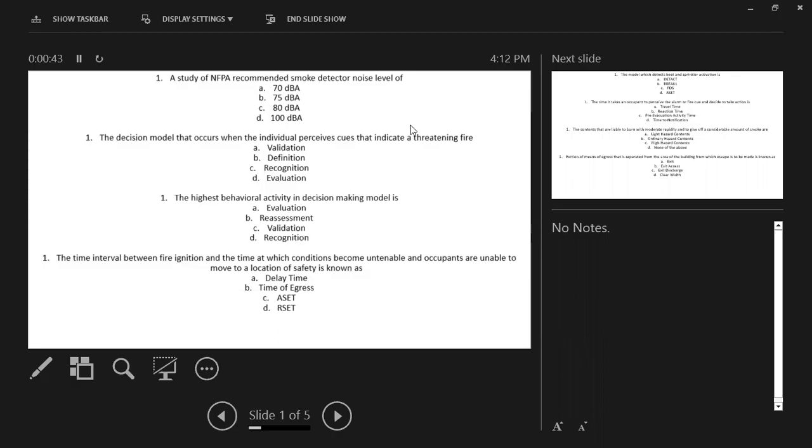Smoke detector noise level should be how much? It is 75 dBA. Yes, B. NFPA recommended smoke detector noise level of 75 dBA.